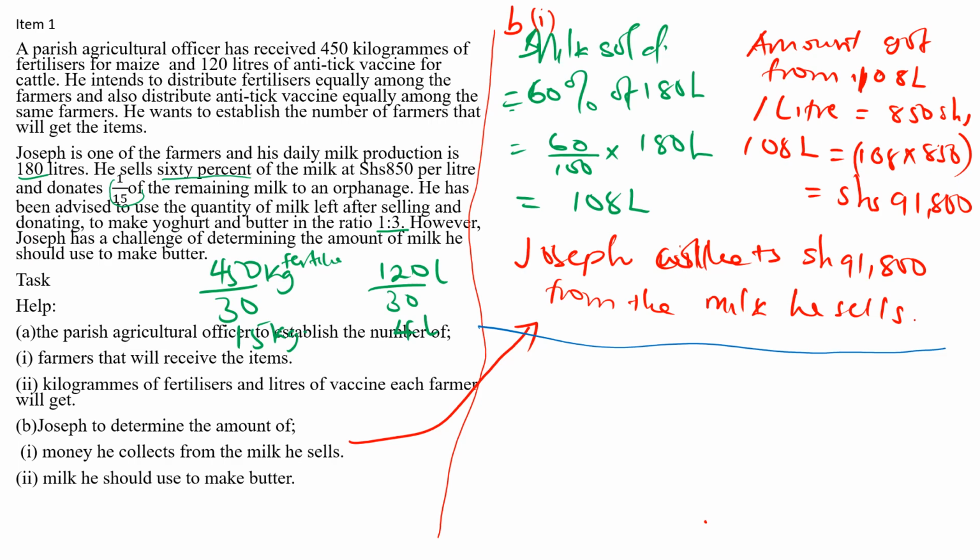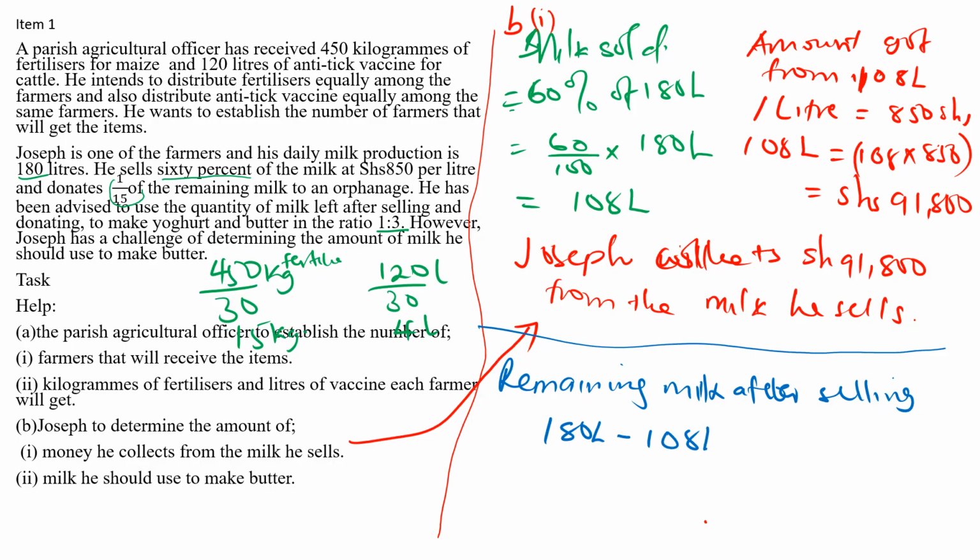But here, I'm seeing after selling 60%, remaining milk after selling. Here we shall have 180 liters minus what he sold. But what he sold was 108 liters. And the answer is 72 liters.